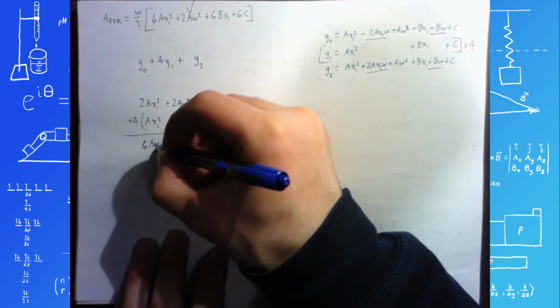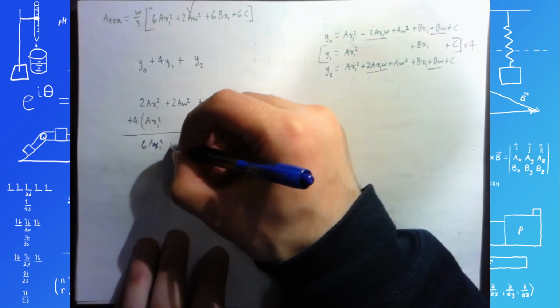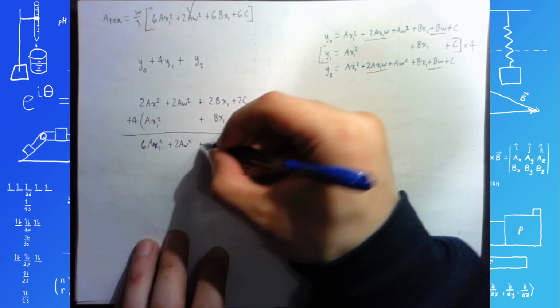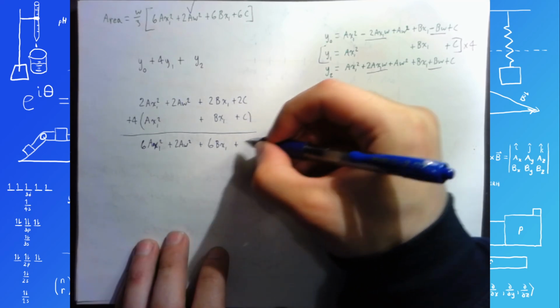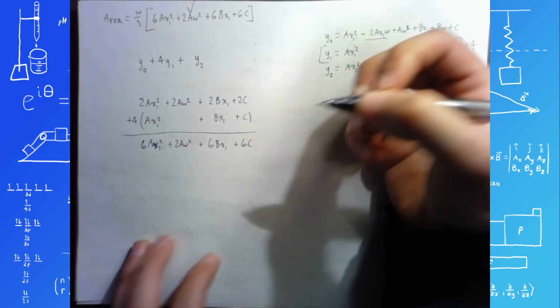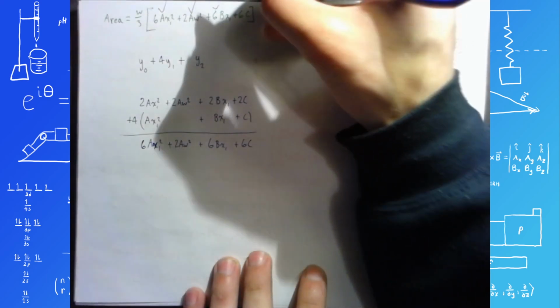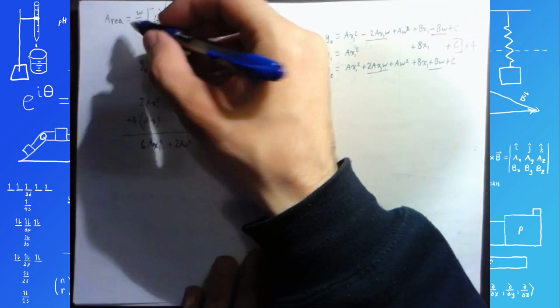Whoops, that x is too small, it looks like a subscript. So now I can check off these as well. Now we've got everything.